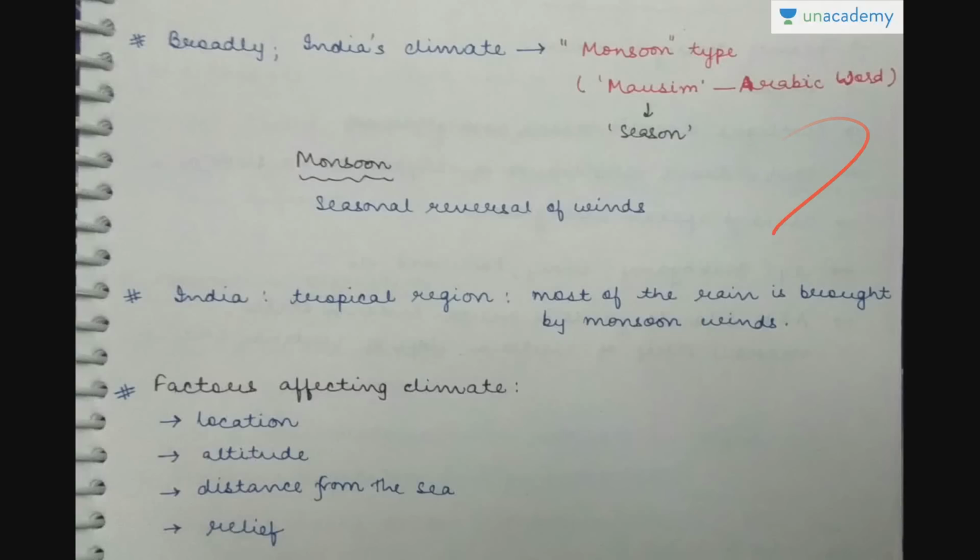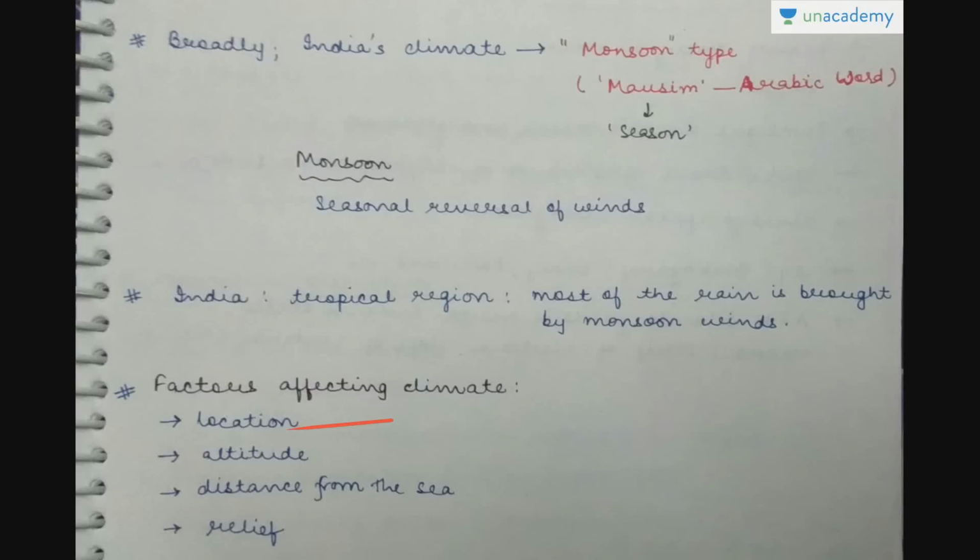Now India is in the tropical region, so most of the rain is brought by the monsoon winds. There are some factors, broadly speaking. We also have the details of these factors again in the senior classes. The factors that affect climate are location, like whether the place is tropical, subtropical or equatorial.